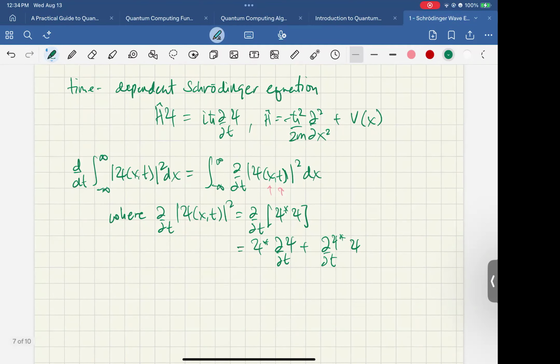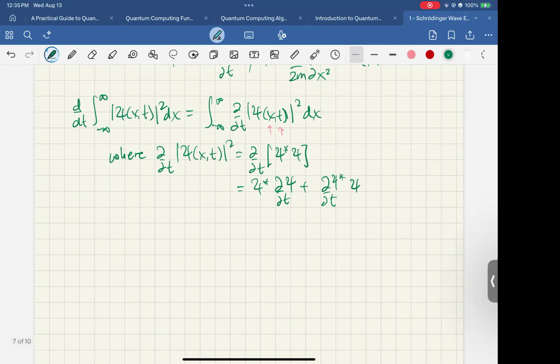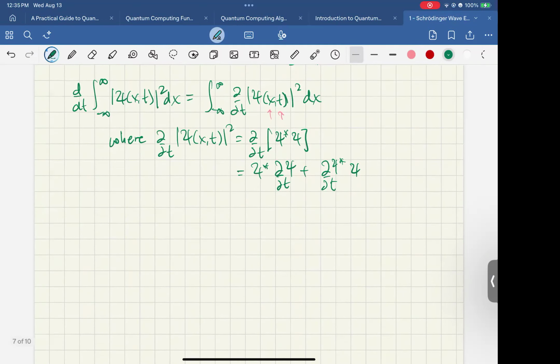So we start from here. Time-dependent Schrödinger equation. H psi is equal to i h bar partial with respect to t ng psi. At ang gagawin natin is i-multiply natin to by psi star.